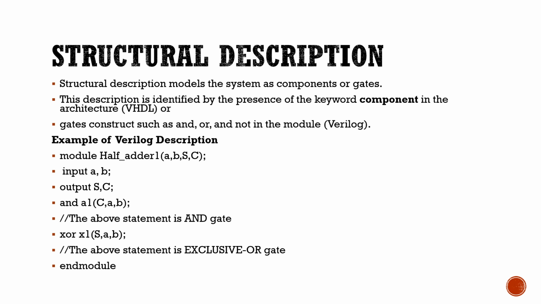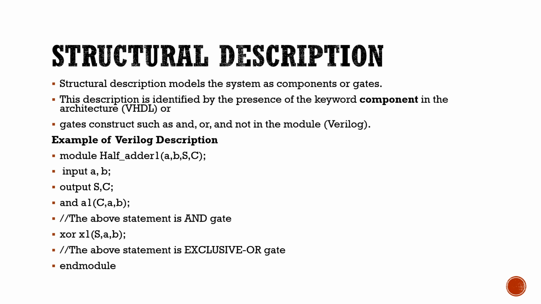As an example, here I have considered the same program written in structural description modeling. Here there is a line: AND A1 C comma A comma B. Here C is the output and A and B are the inputs.